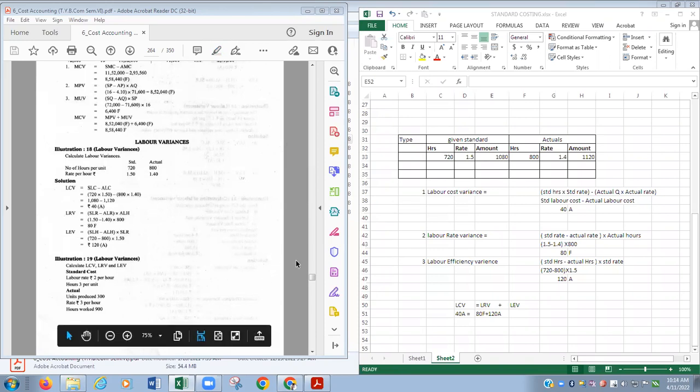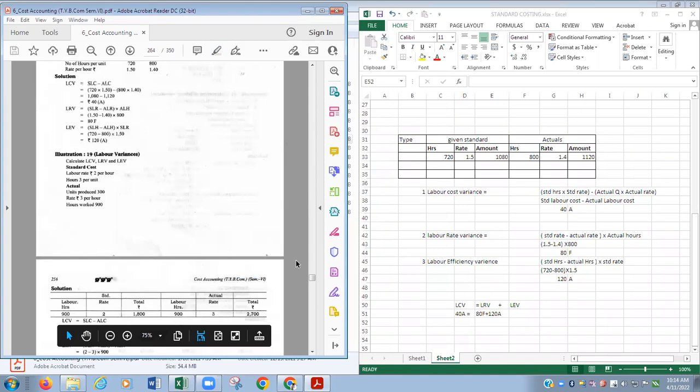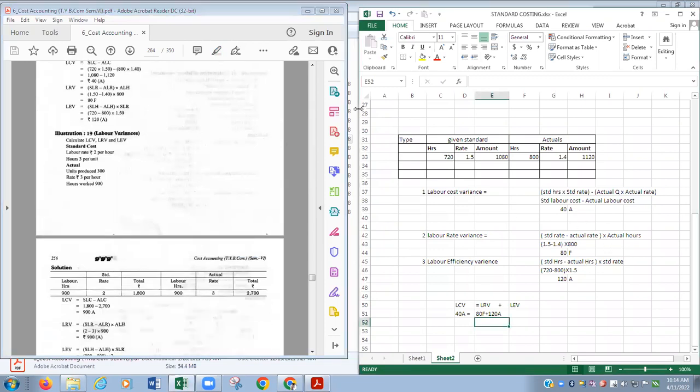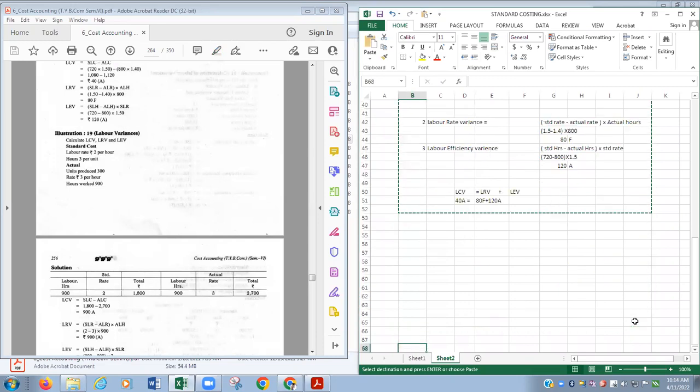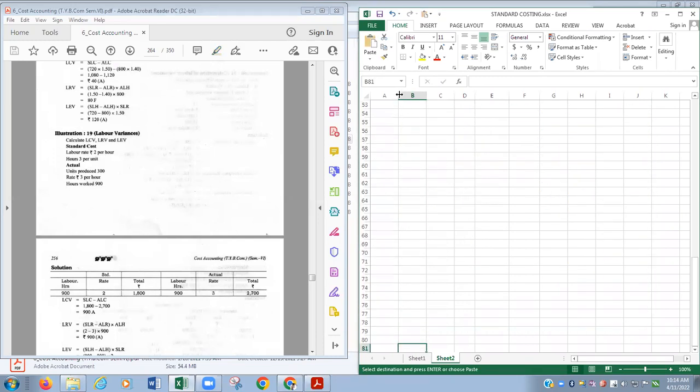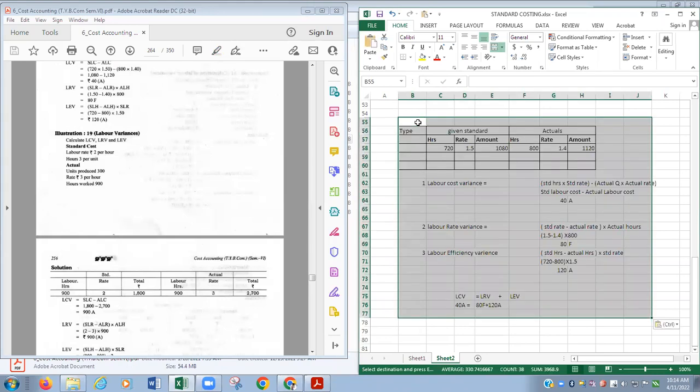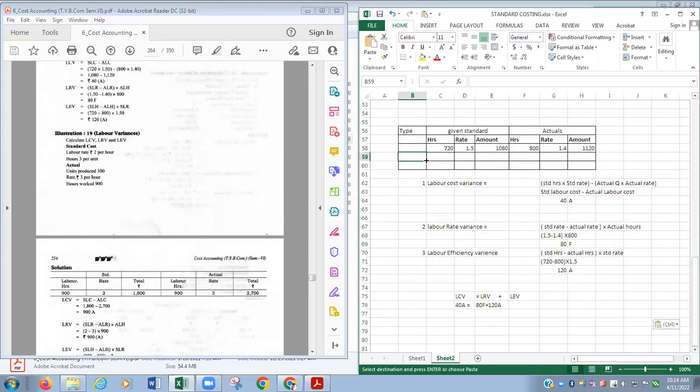Now let us solve the next sum, sum 19, and just copy the format. Let us read the sum. Calculate labor cost variance, labor rate variance, and labor efficiency variance.